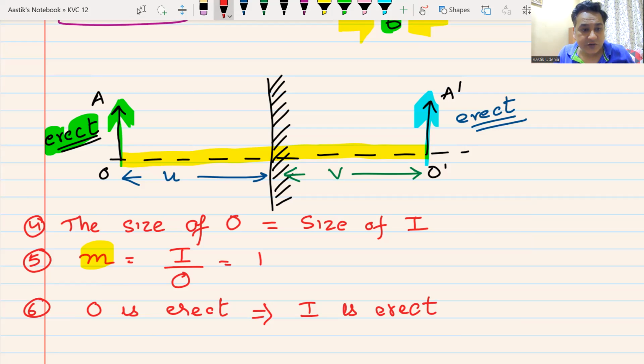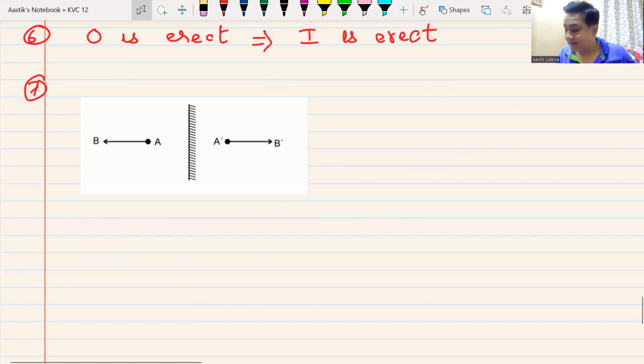Now comes the 7th point, and to show you the 7th point, I will show you this. I hope you can see this. Now, the case that I drew was the object was erect, image was erect.